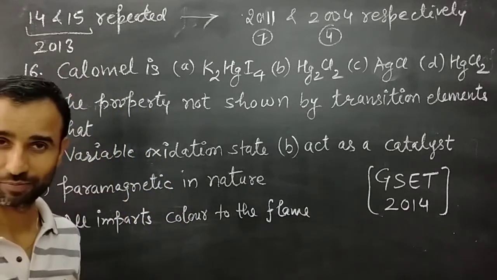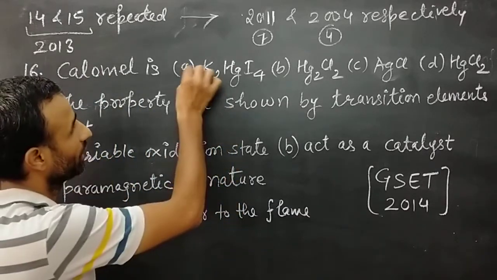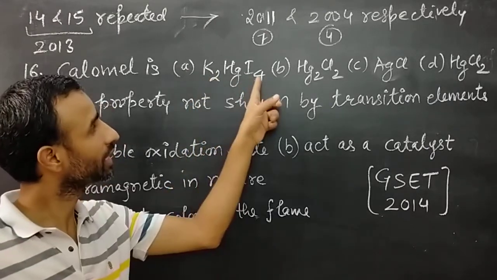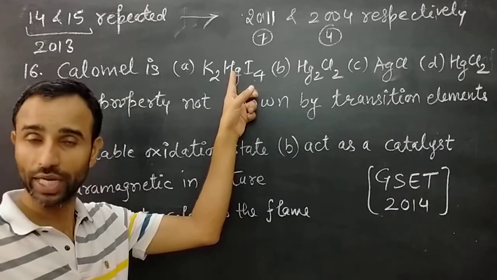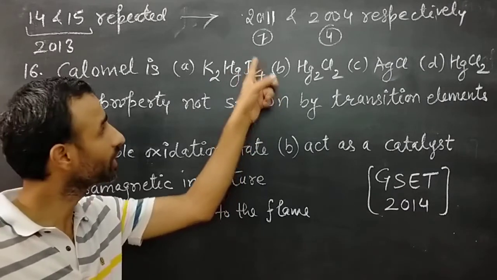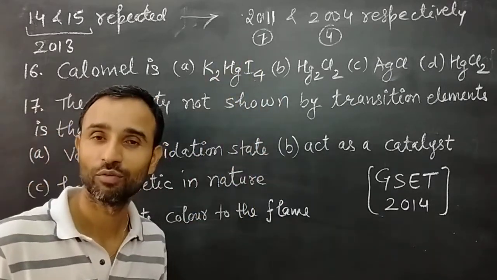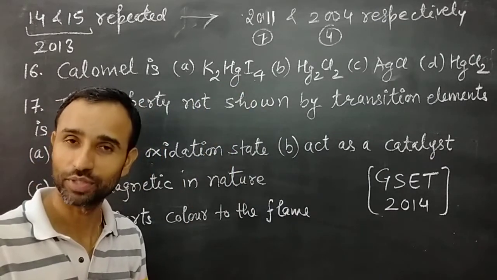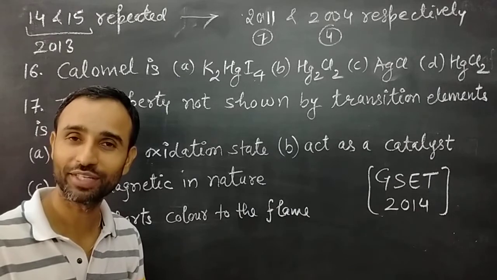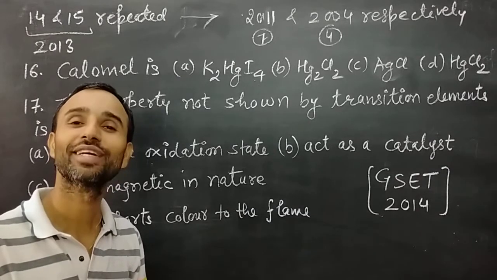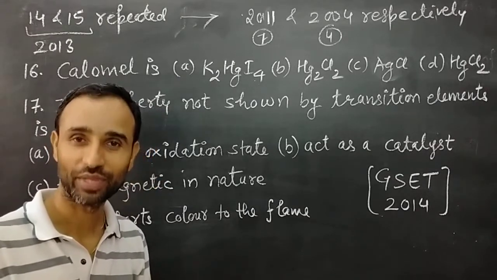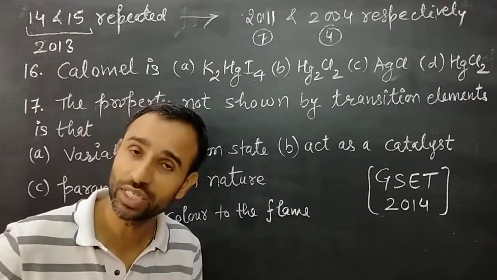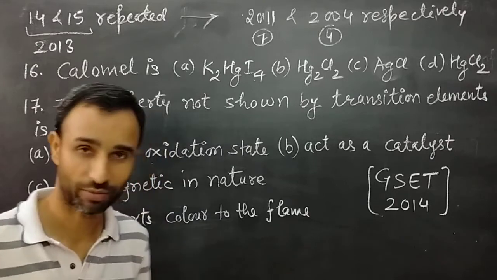Calomel is, now first option A, K2HgI4, potassium tetraiodomercurate(II). What is this? Alkaline solution of K2HgI4 is Nessler's reagent, used to detect ammonia, that you know.